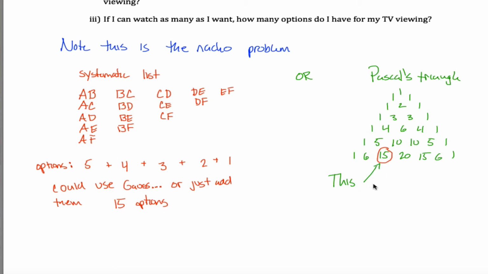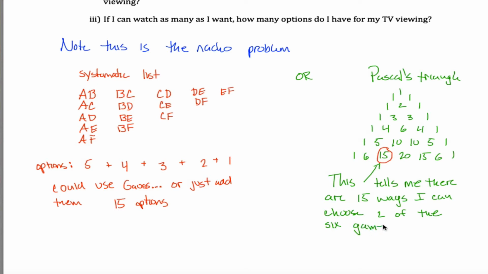This tells me there are 15 ways I can choose 2 of the 6 games. So either way, whichever method you use, you're going to get the same answer. You're going to get that there are 15 options.